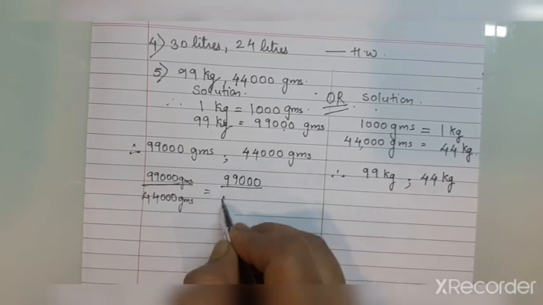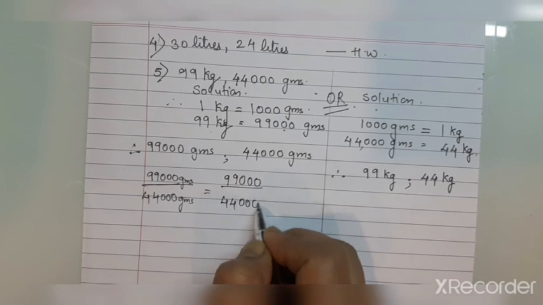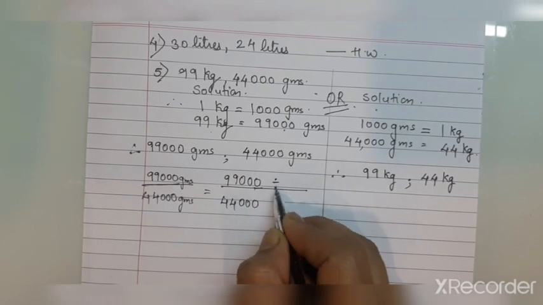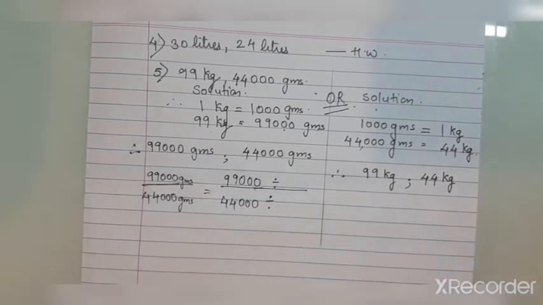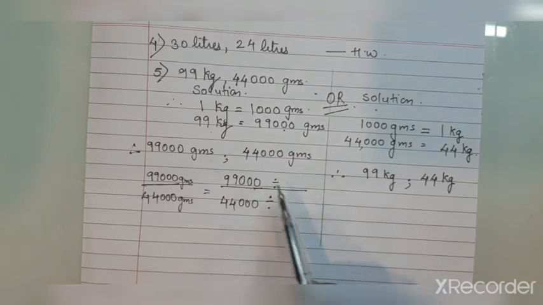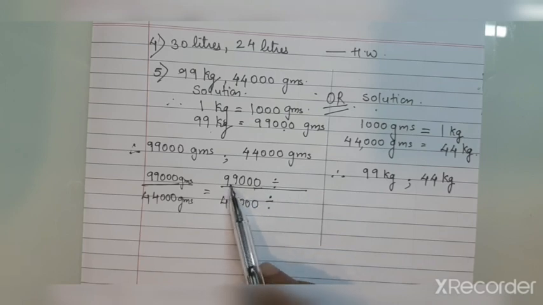Okay, so now 99000 upon 44000, with which number we have to divide so that we get the lowest form? Now here if you see, 99 and 44, they are the multiples of 11.